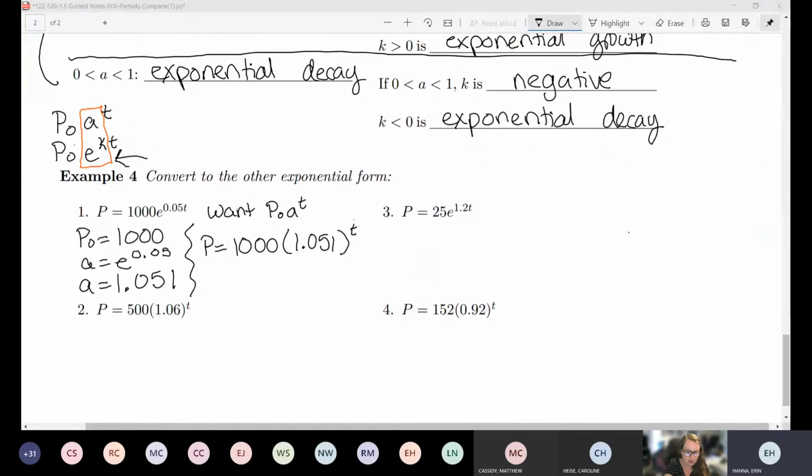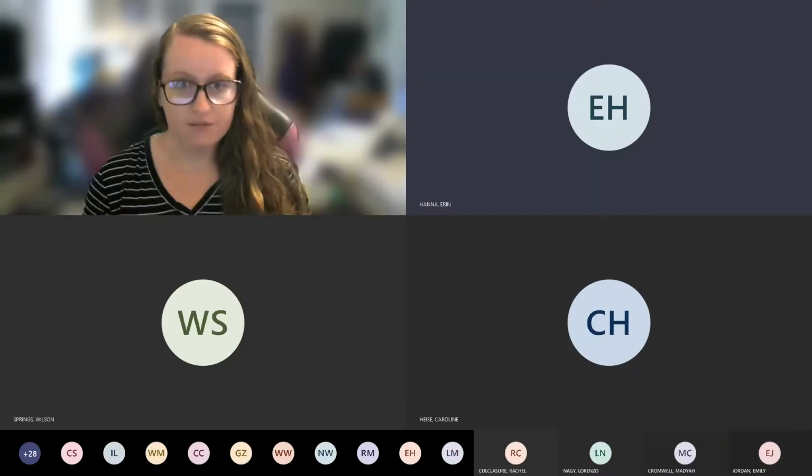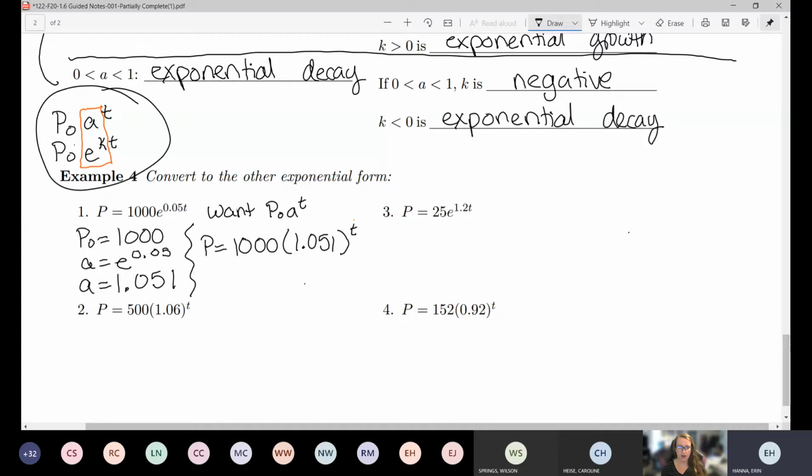So the main point of it was, here are our 2 forms right here. The only thing that differs between the 2, say you wanted these to be the same equation, representing the same set of data, you'd want everything to be the same. So the p naughts could be the same, the t exponents could be the same.